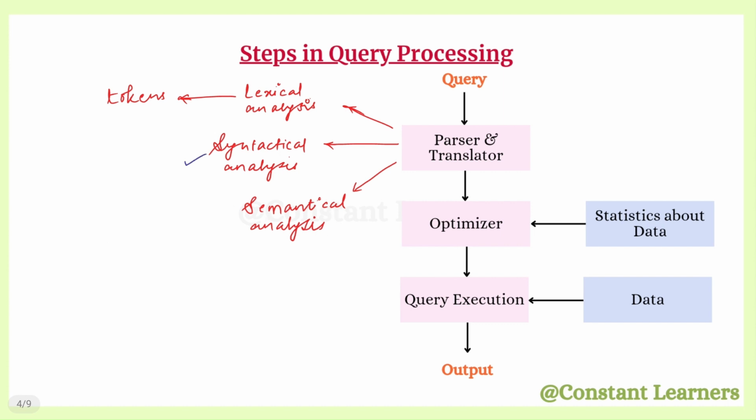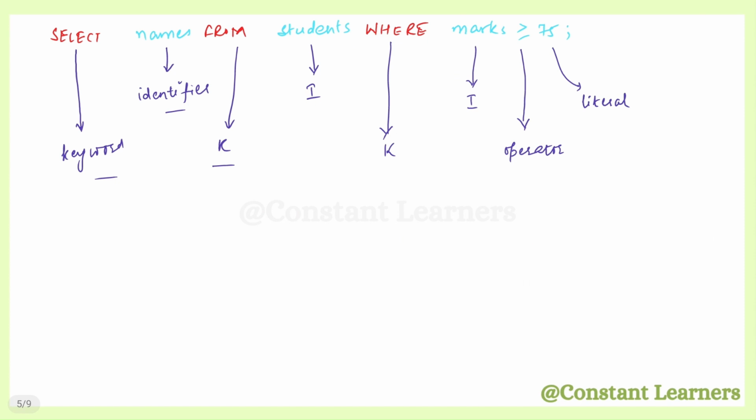Next up is semantical analysis. In semantical analysis, the table names and column names are checked. That is, whether these tables and columns are available in the database or not. Then it checks the data type. Why data type? For example, in this query, select names from students where marks are greater than or equal to 75. Now, what if I write where marks are greater than or equal to A? Is it possible?